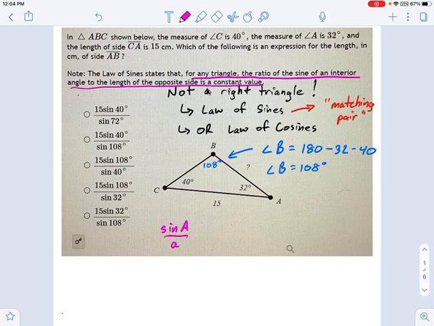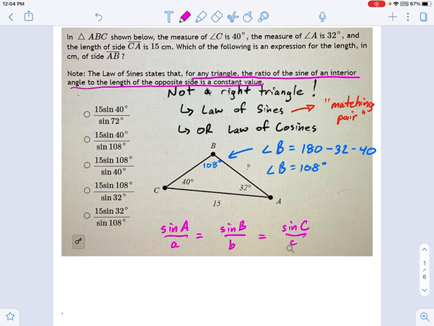Sine of A over a equals sine of B over b equals sine of C over c. It's actually a pretty easy formula. And what it's saying here is the ratio of the sine of an interior angle, that's this thing, to its side, that's this ratio right here, is constant. Meaning it doesn't matter if you're talking about angle A, side a, angle B, side b, or angle C, side c. It will always be the same number.